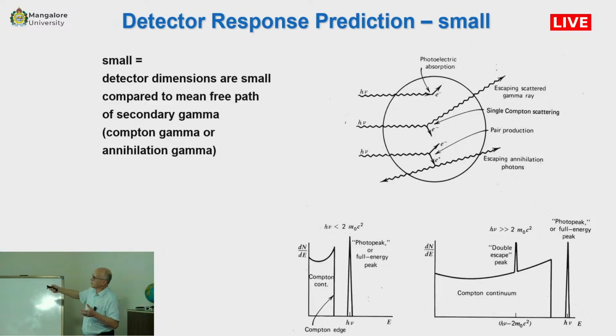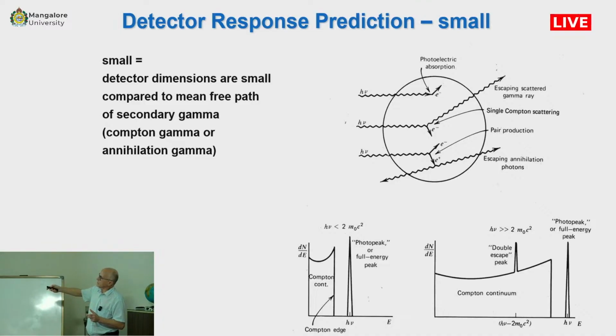In the case of photoelectric absorption, the photon disappears and the energies of the electrons are quite small, so quite often all the energy stays in the detector, but not always.